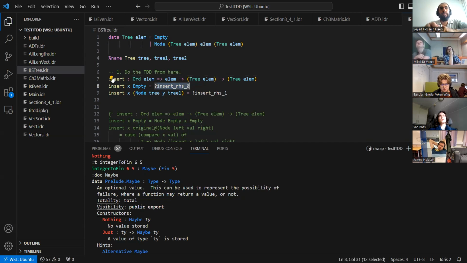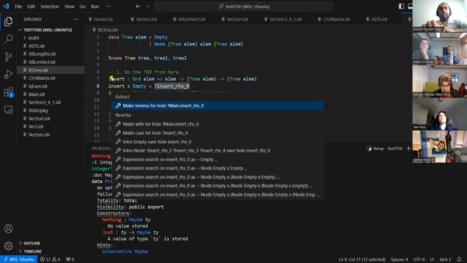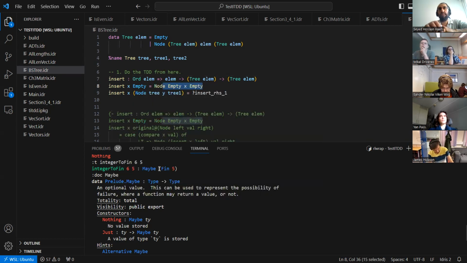Now, let's see. So you can see out of the possible expressions that it can search through is an empty tree, or this one, which is the more interesting one. That is the one that we would want, right? Okay.